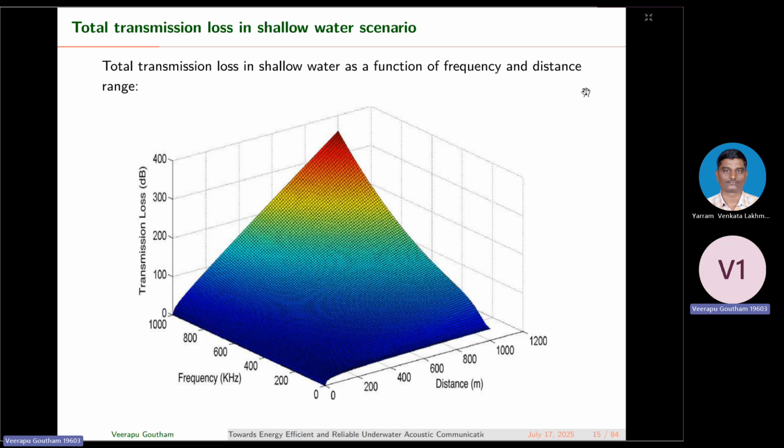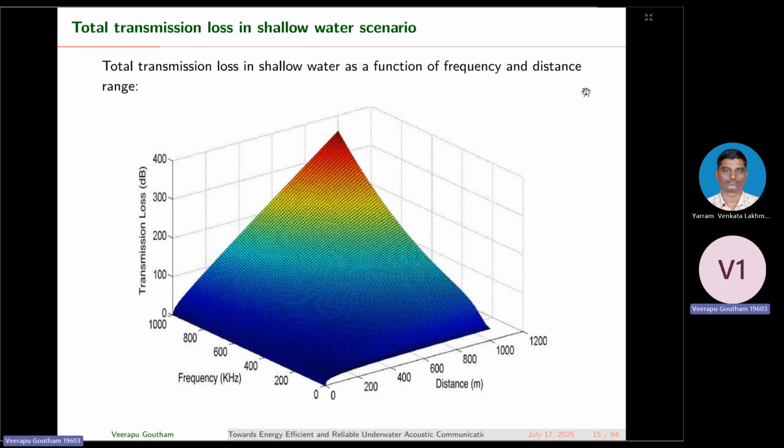Now this figure represents the total transmission loss. Transmission loss we already discussed. It is a mixture of spreading loss and absorption loss. In the previous figure we saw the absorption losses. Now we will see the total transmission loss.